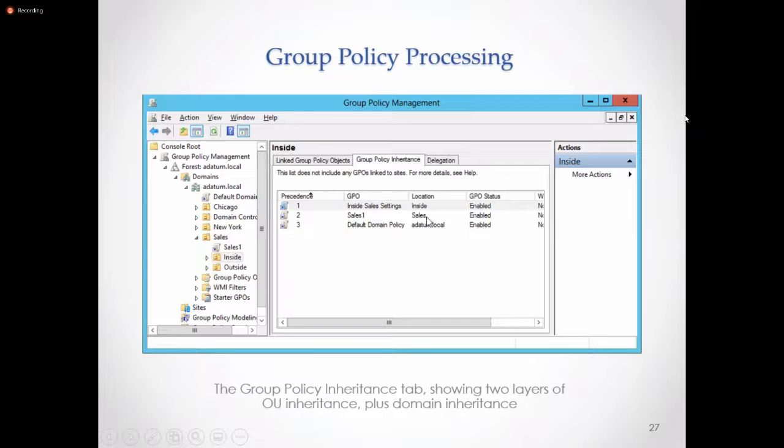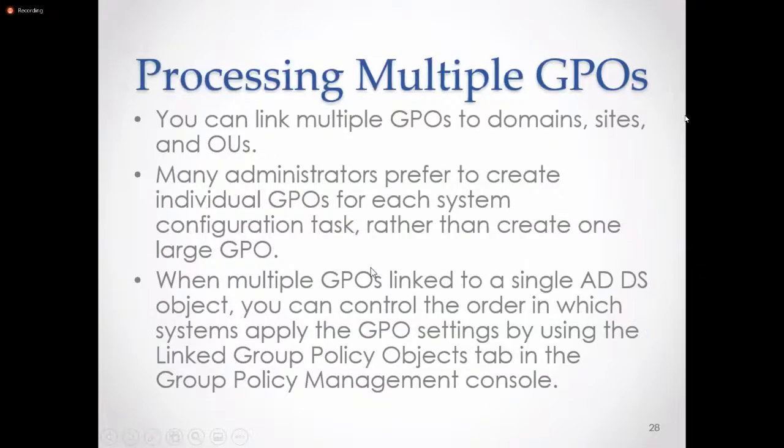Then we have the sales one, which is the parent GPO applied to sales. That will apply, and then the root domain policy, which will apply to all the objects. You can change this order if you want, but this is the default order in which it applies.